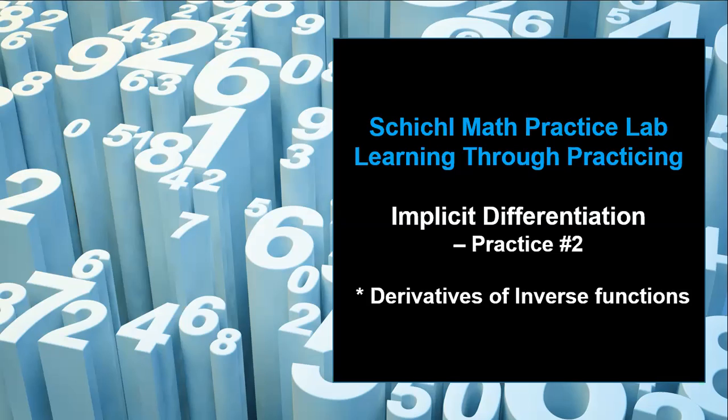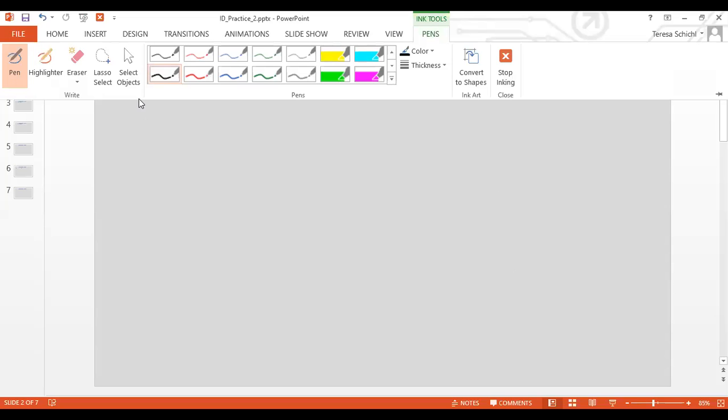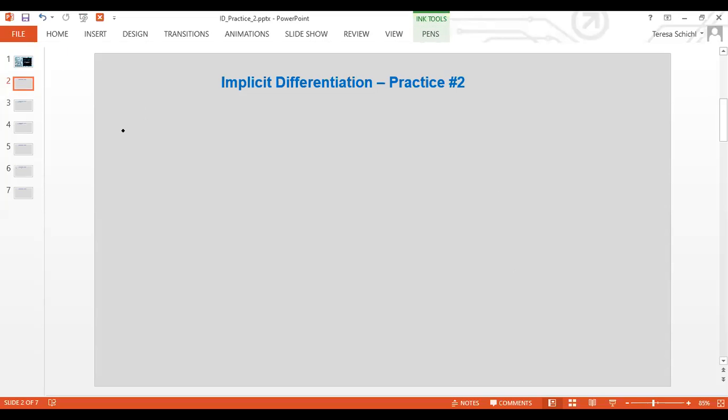Okay, so let's take a look at what type of problem we're going to have. Before that, I'd like to do a very brief review of how we use the implicit differentiation method to find the derivatives of inverse functions. We're going to do several inverse functions of trig functions in this practice.